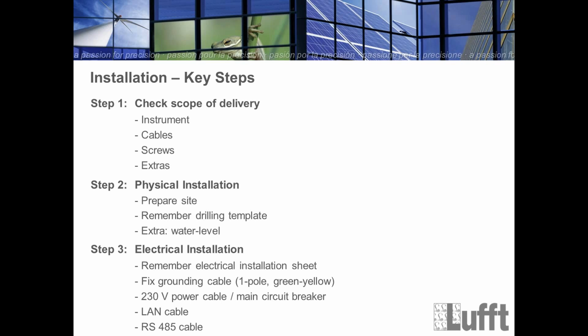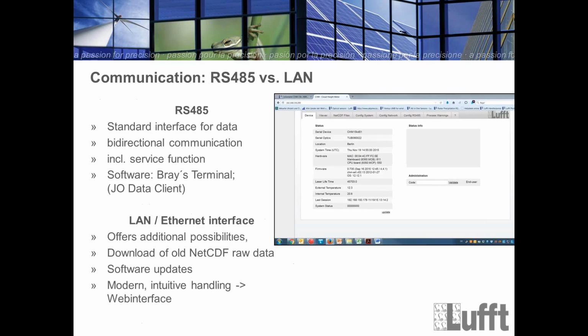LAN cable, RS485 cable are always connected. Instead of the LAN cable, sometimes we also deliver the DSL cable if you just have not so powerful communication lines. The communication can be done via RS485. Typically you use a terminal program. There's also a graphically supported terminal like the data client software.